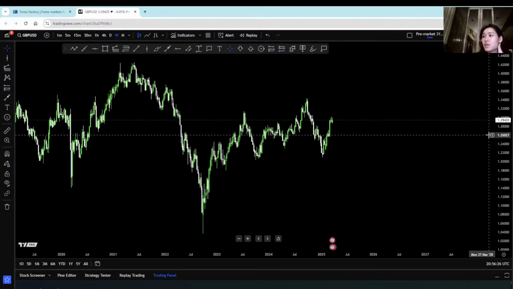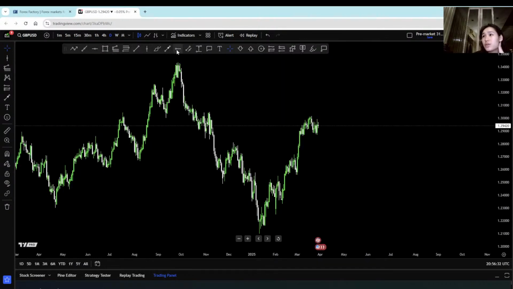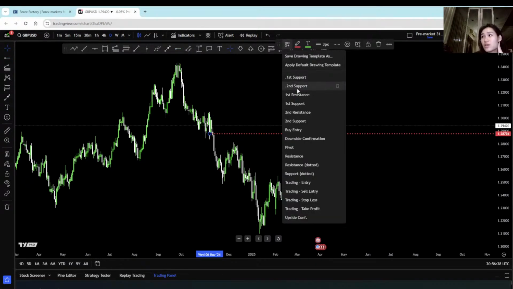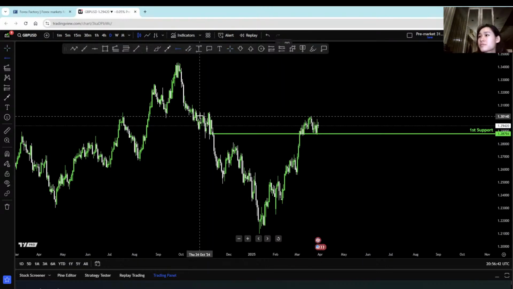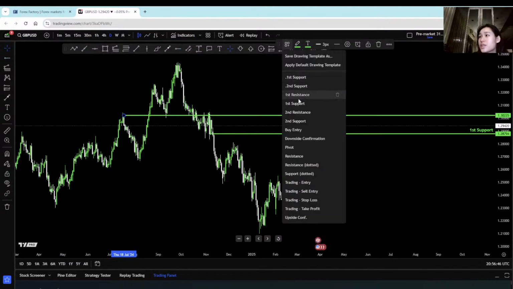Okay, pretty bullish recently. You can see prices recently moving upwards, kind of reversing off this first support. Okay, and this is my first resistance.